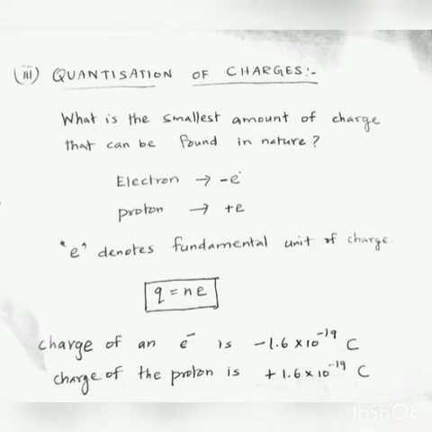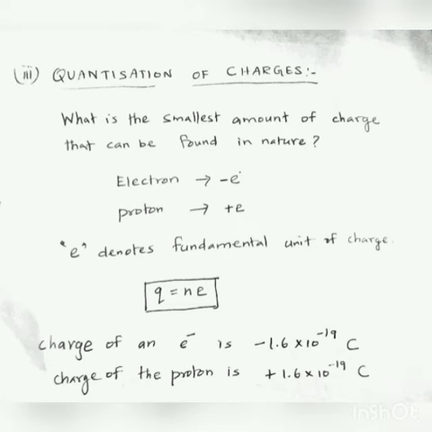The third important property of electric charge is quantization. What is the smallest amount of charge that can be found in nature? You know that each and every material is made of atoms. In that atom, a number of charges are available. What is the smallest amount of charge that can be found in that atom? Only the electron.